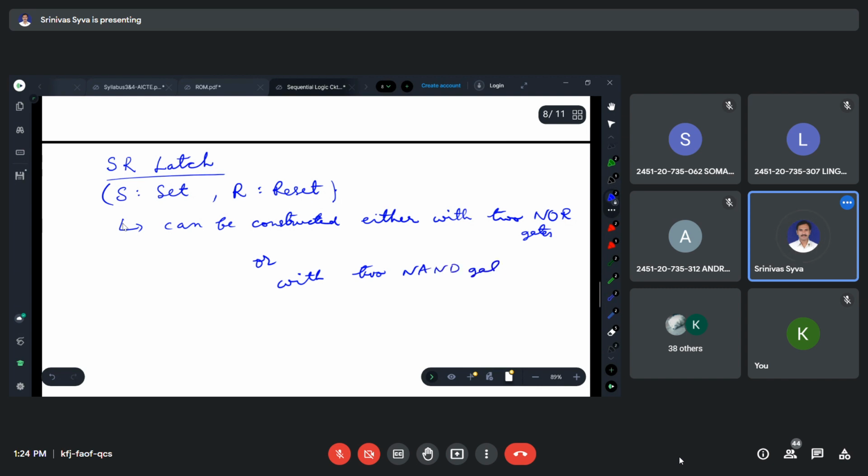Let us see the SR latch constructed with NOR gates and with NAND gates. Okay, first let us see with NOR gates.